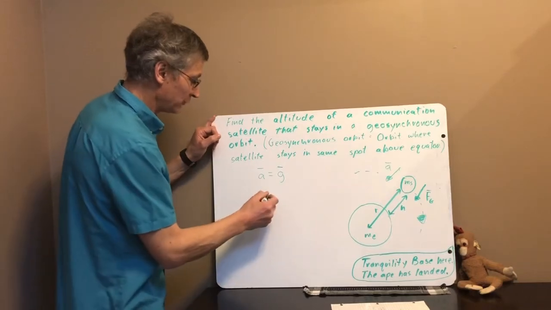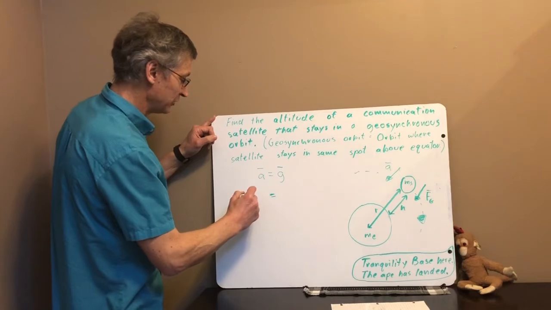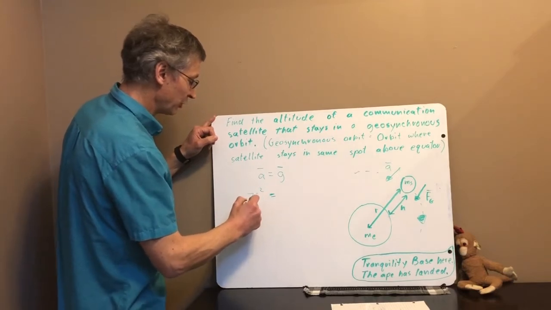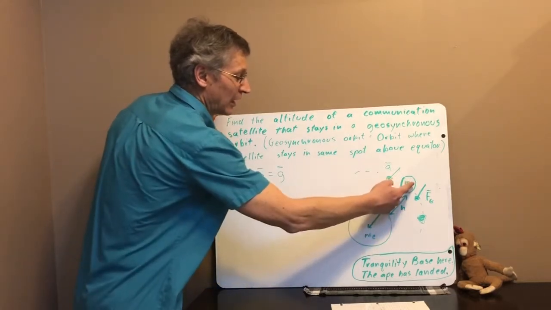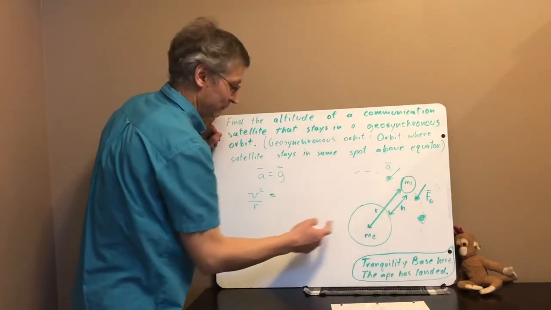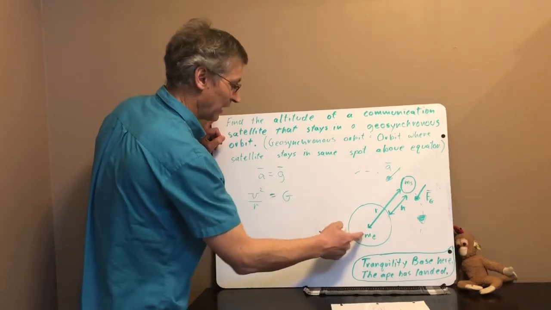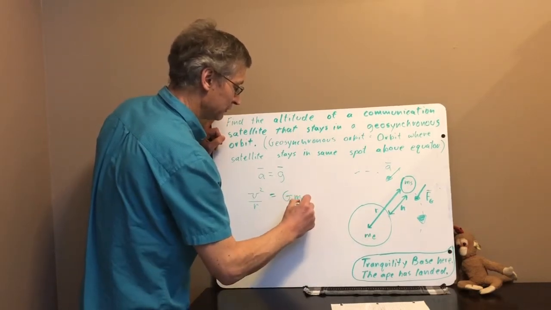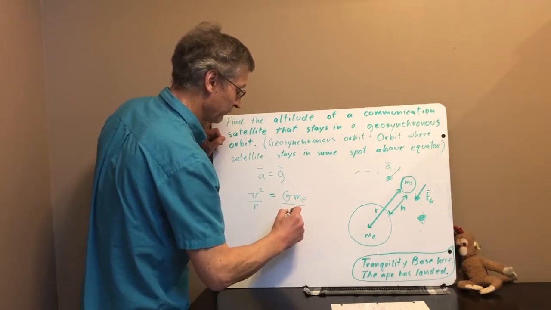Now what can we do with this? Well, we know the acceleration is a centripetal acceleration, which is v squared over r. The gravitational field, way up there, way above the Earth's center, is going to be G times the mass causing the gravitational field over the center to center separation squared.